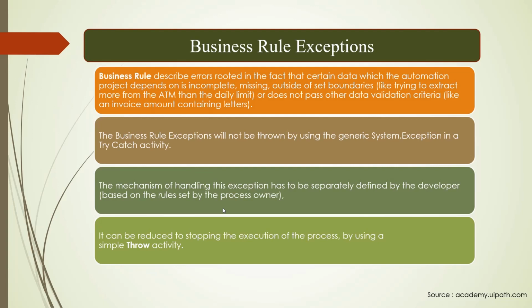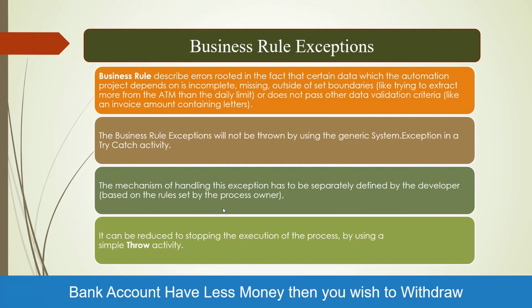For example, in a real-time scenario, your account has 5,000 rupees, you go to the ATM and try to withdraw 10,000. The ATM will show you a message saying that your amount exceeds what you have in your bank account.